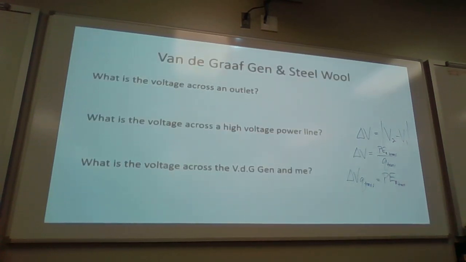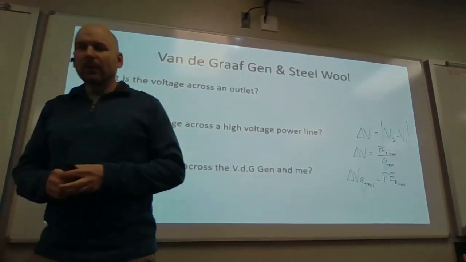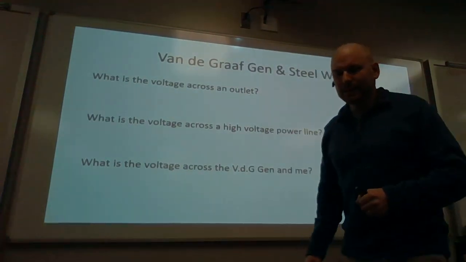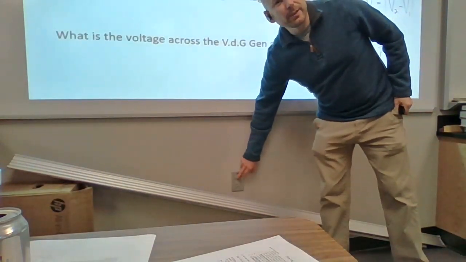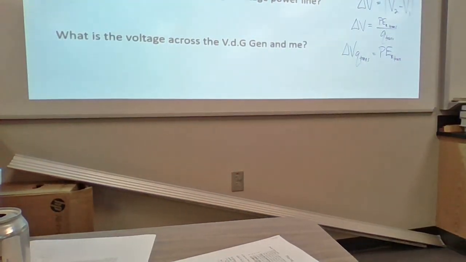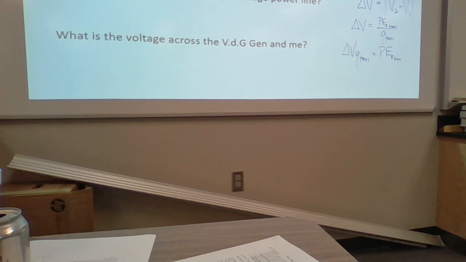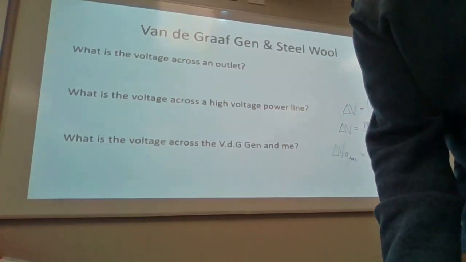Let's bring it to real life. What is the electric potential difference, the voltage, of an outlet? Depending on who you talk to, 110, 120 volts. It won't give you a number, but it'll give you an experience.